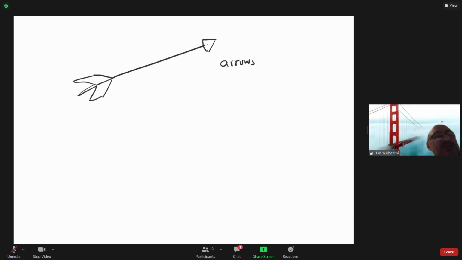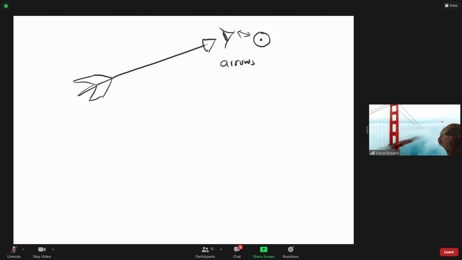This was the ancient way of making arrows. Okay? And they had a tail like that, and they had a tip like that. That's just the ancient way of making an arrow. If you look at an arrow head on, what you'd see is the tip of the arrow that will look like this. This is what you see.